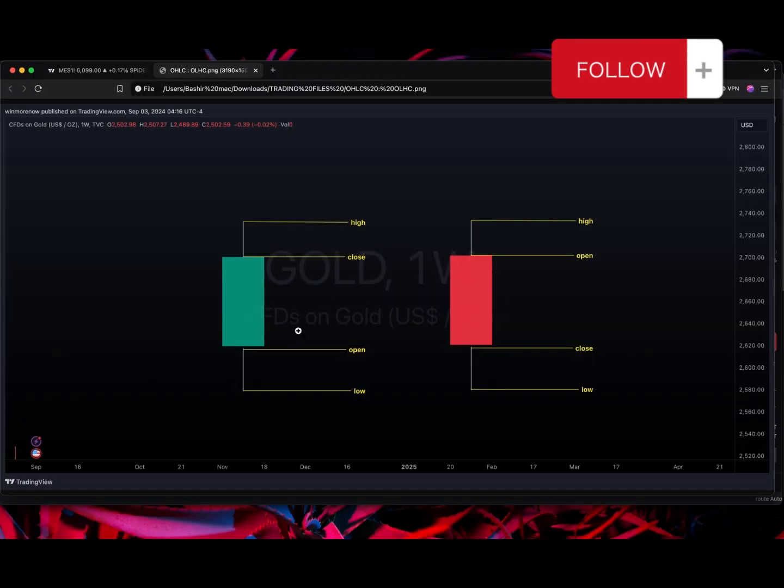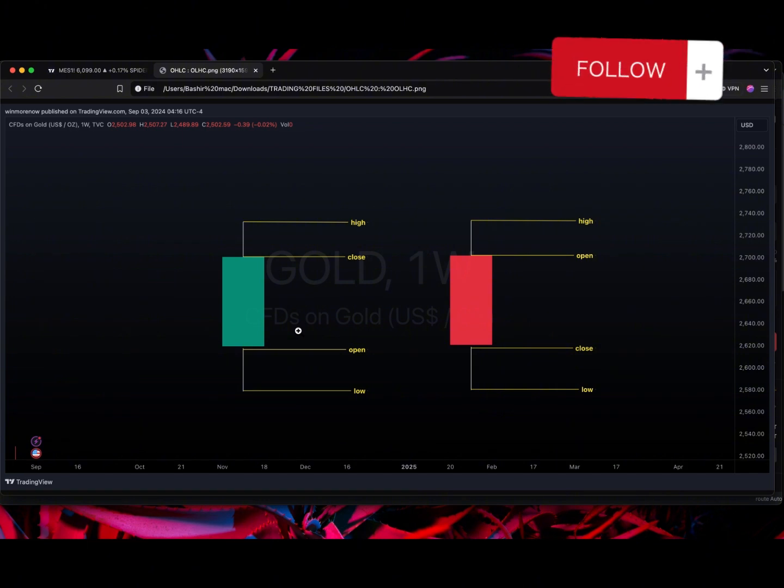By looking at candlesticks, we can get valuable information about the open, high, low, and close, or open, low, high, and close, which gives us an idea about the price movement. This is very important in our trading analysis. It is considered a visual representation of what is going on in the market.